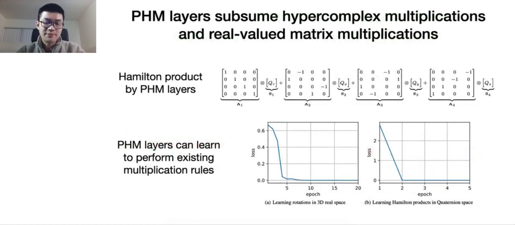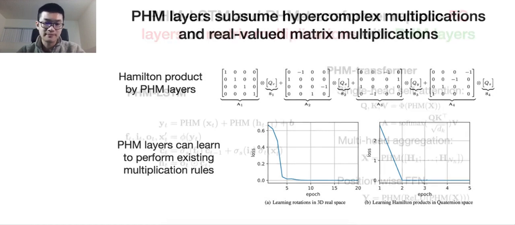Mathematically, the PHM layers can subsume the hypercomplex multiplications and the real-valued matrix multiplication. This can be seen as a breach of the existing multiplication rule between the real space and the hypercomplex space. Empirically, on an artificial dataset, we also show that the PHM layers can indeed learn to perform the existing multiplication rules, such as learning the rotations in 3D real space and the Hamilton products in the quaternion space.